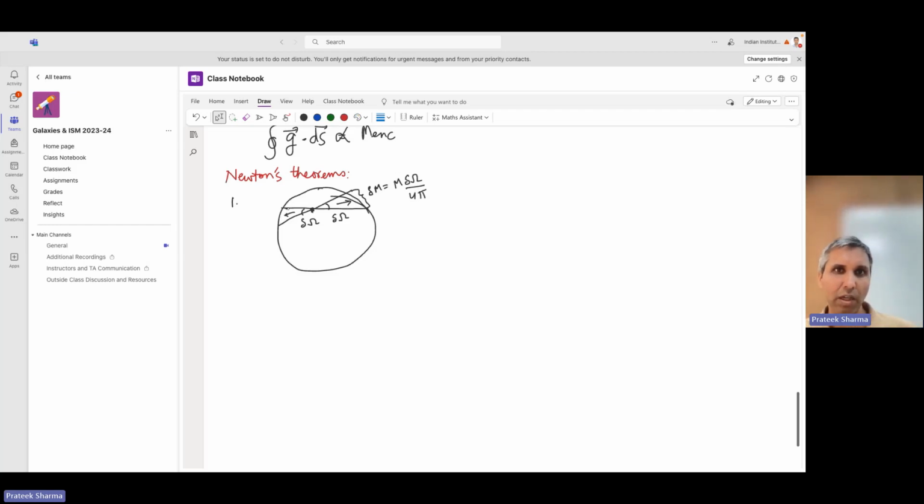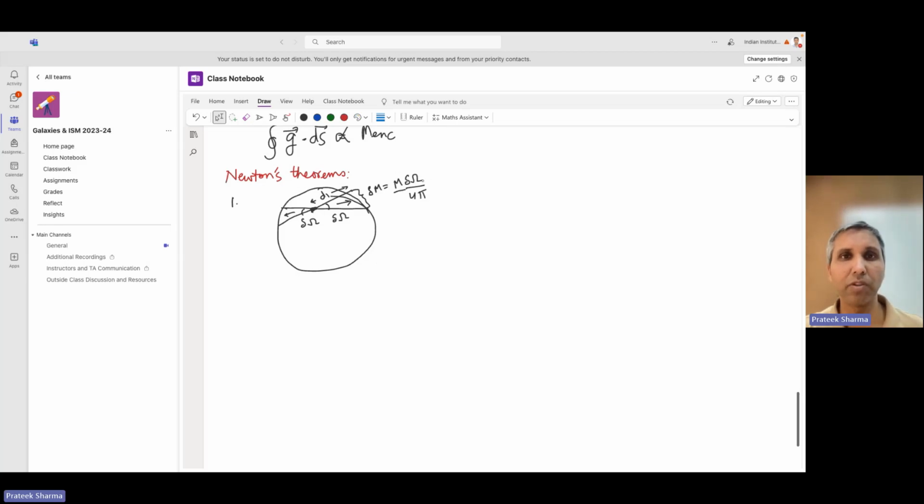Similarly for the other side. This distance and this distance are not equal, right? It's a general point. So let's say this distance is d1 and this distance is d2.